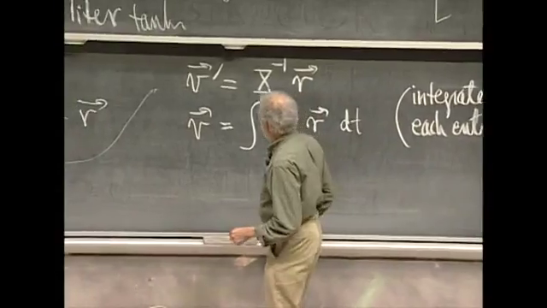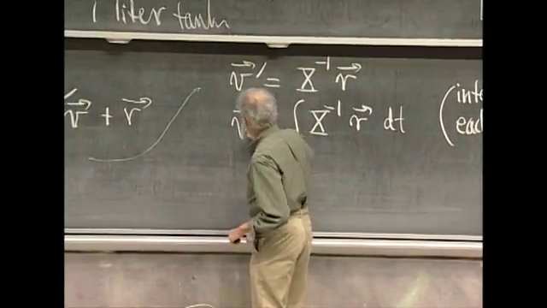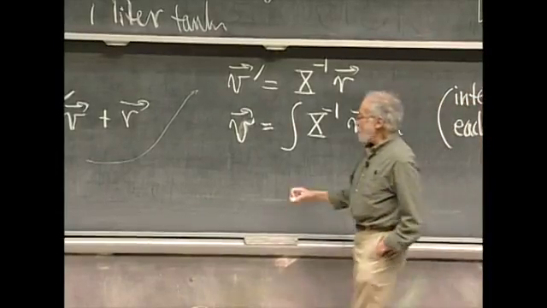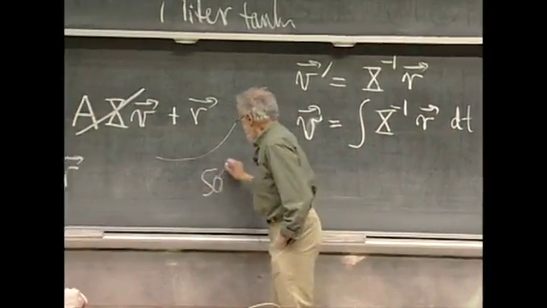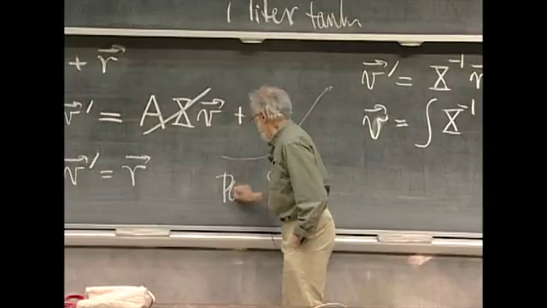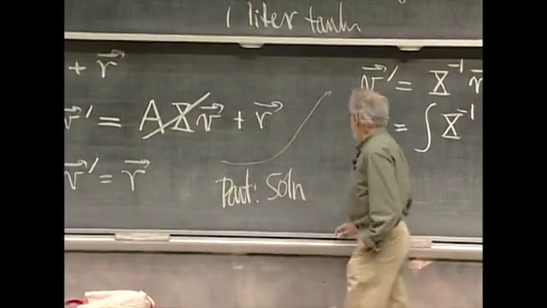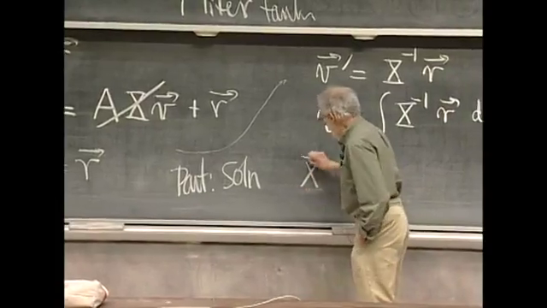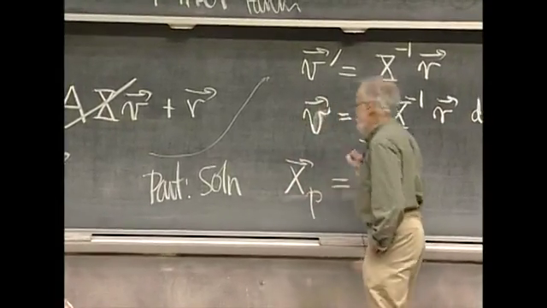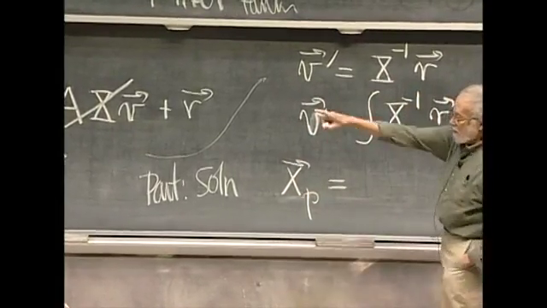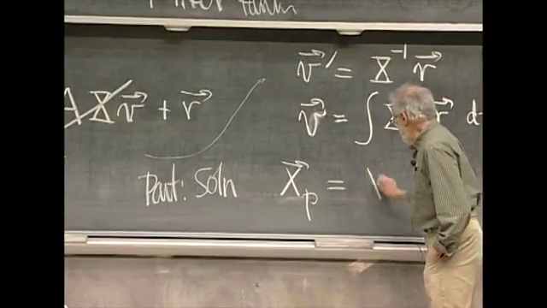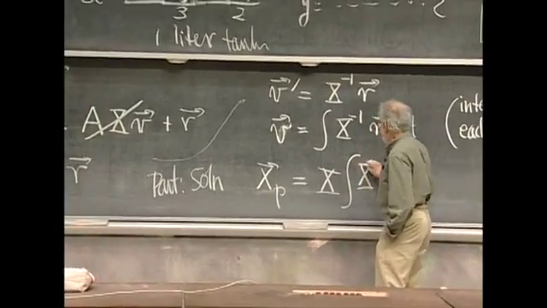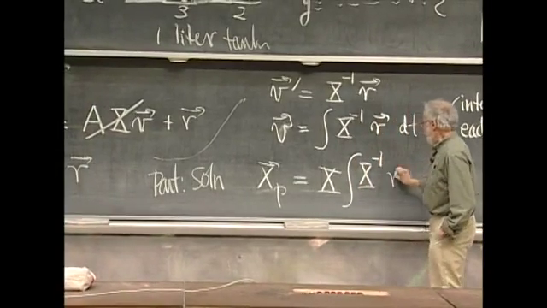And so finally, the particular solution xp is equal to, it's really not bad at all, X times v. It's equal to X times the integral of X inverse r dt.